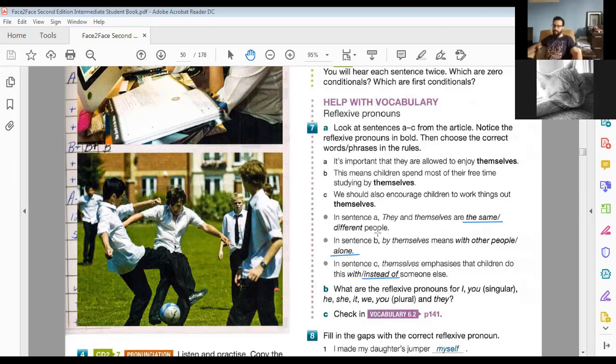Did you not understand the question? Okay, so the ones we saw above, themselves. Themselves, these are examples of reflexive pronouns. So in part B, they want you to look for all the reflexive pronouns for I, you, we, they. So here we only have the reflexive pronoun of they, themselves, right? What about you? Okay.